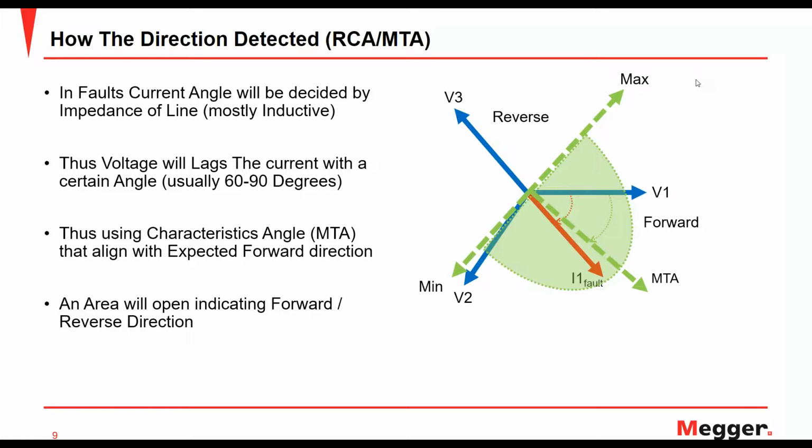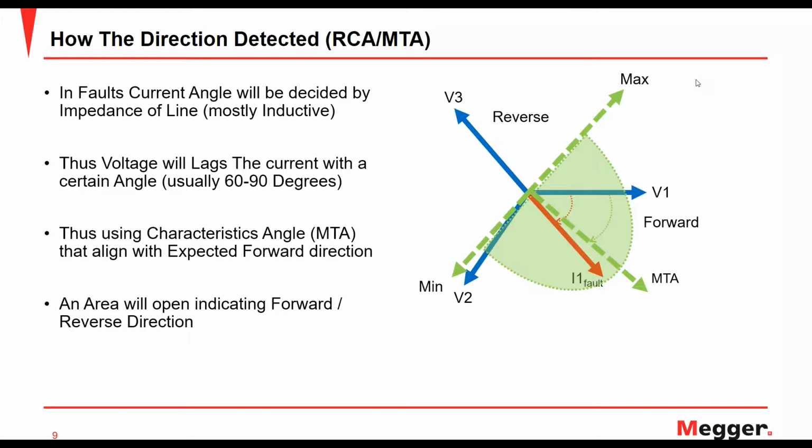And also you will be setting your MTA, or maximum torque angle, or some relays call it RCA. So this angle, I am using it now with reference to V1.